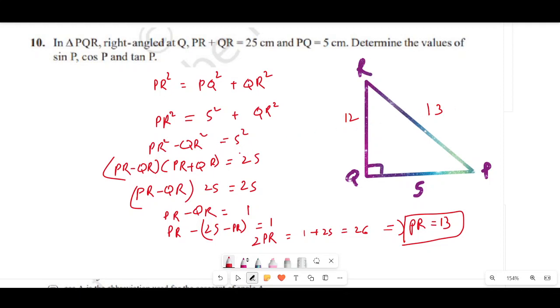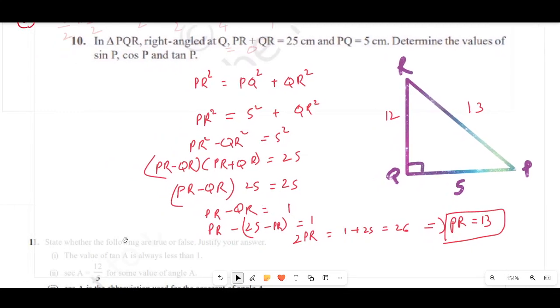Clear? Now we have to find out all values. Then what is the value of sine P? Clear? So don't worry, sine P. What is the value of sine P?